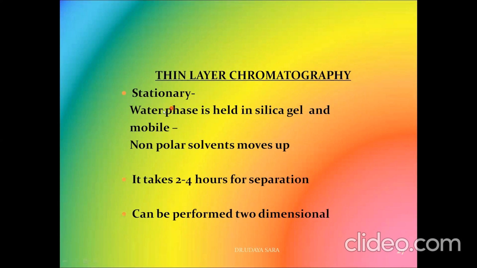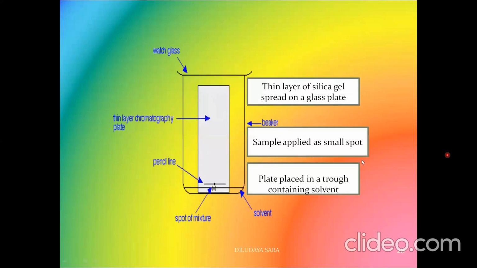The mobile phase is a non-polar solvent. It takes about 2 to 4 hours, which is an advantage over paper chromatography, where it takes 14 to 16 hours for separation.